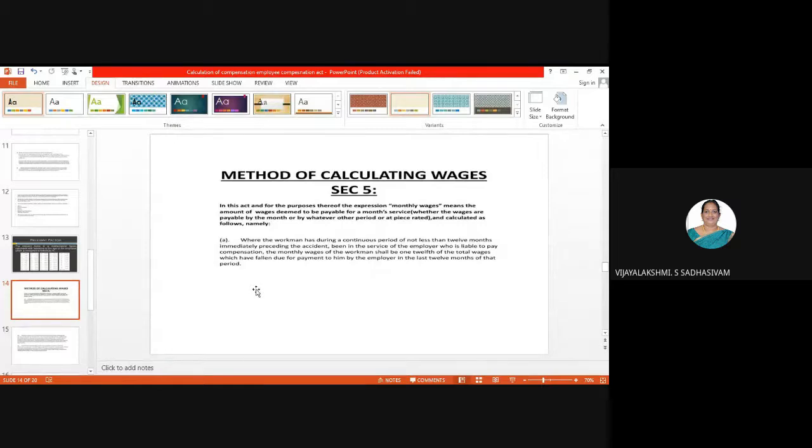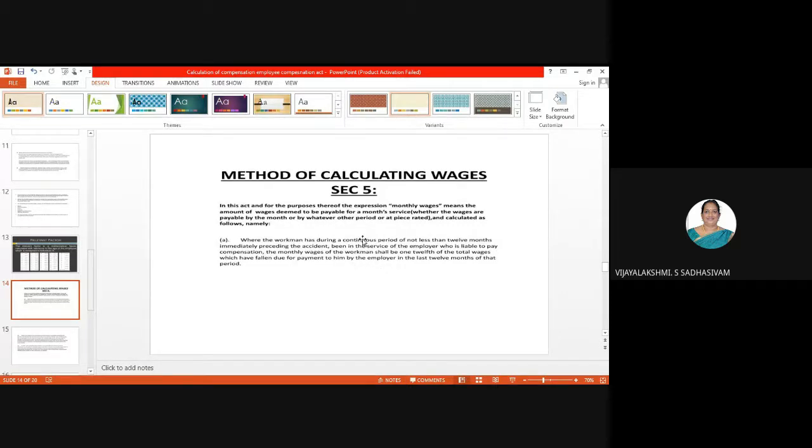Regarding the monthly wages, these are to be paid based on the months of service. Sometimes it is given as wages, or it is also called piece-rated, or whatever it is. How that is calculated depends on the particular injury.